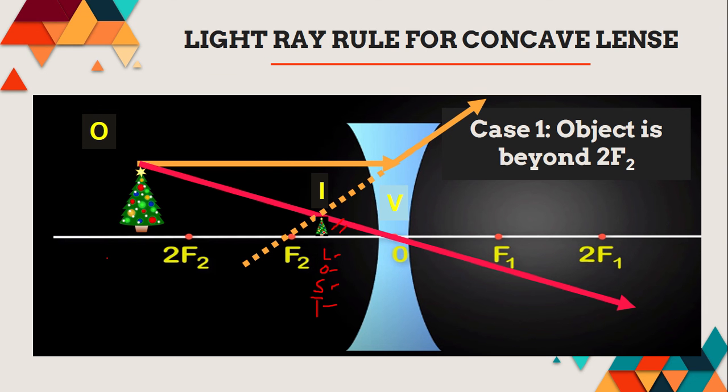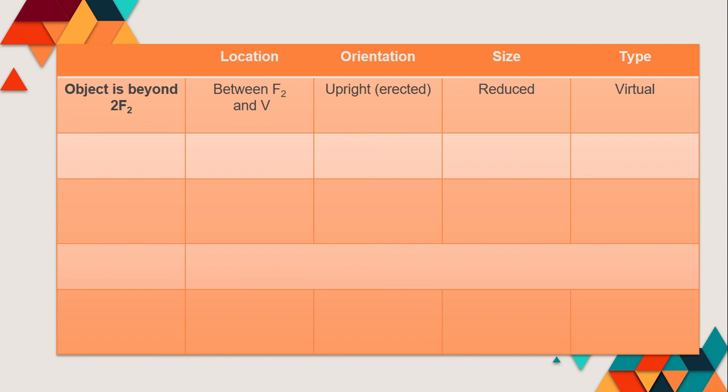Okay, ito ay reduce or smaller than the object. Anong kanyang type? Is it virtual or real? Okay, virtual kasi ang kanyang orientation ay upright. Okay, hindi siya nakabaliktad. So, tingnan natin. Tandaan nyo yan ha. Tandaan nyo kung nasaan, at anong itsura. So, ganito siya.